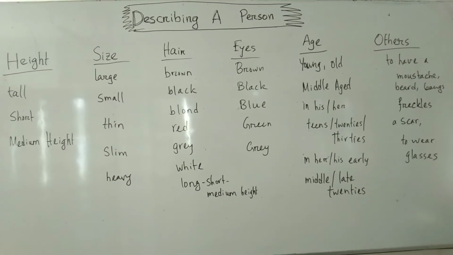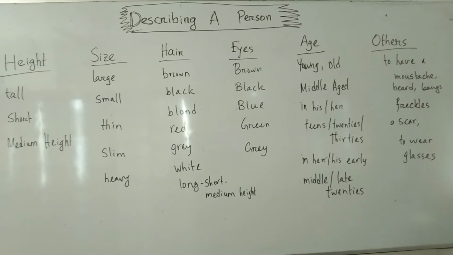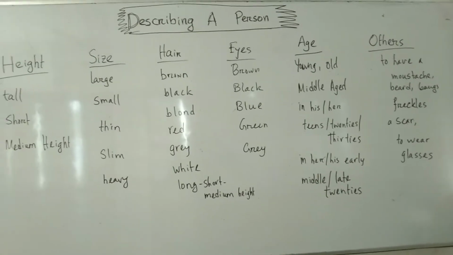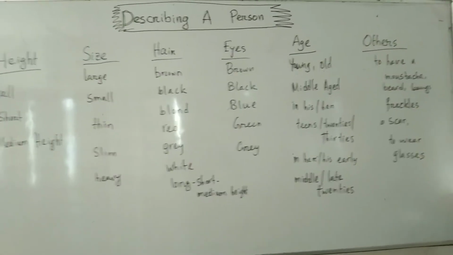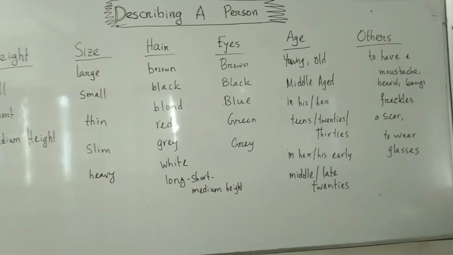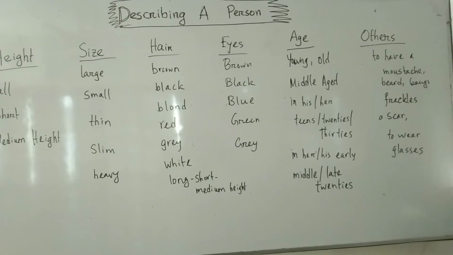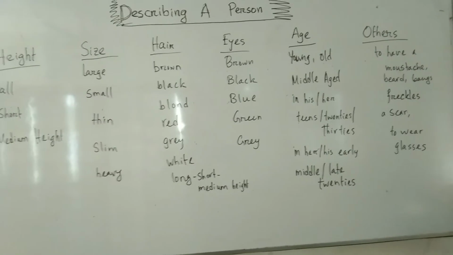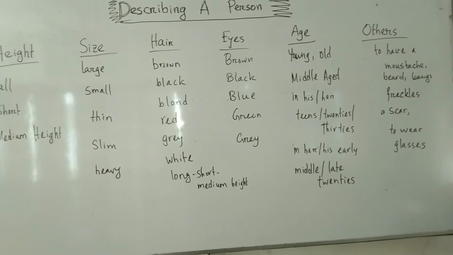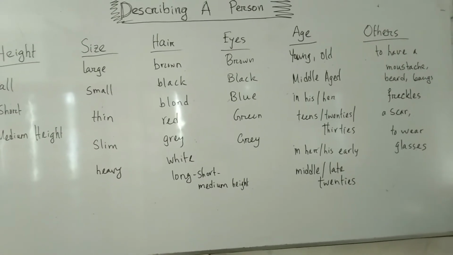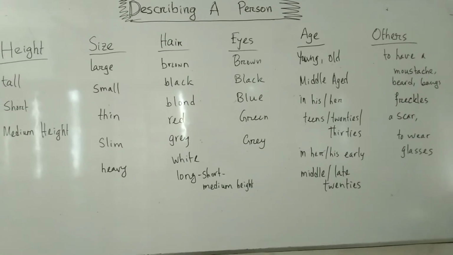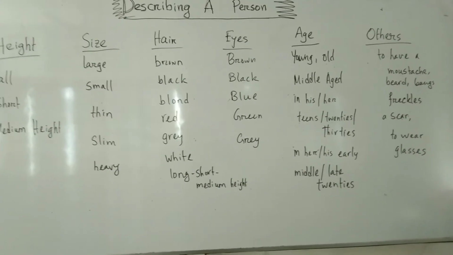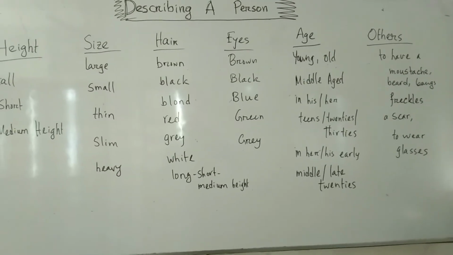And you could also say that he or she is in his or her teens, like before 19, 17, teenage years, or in his or her 20s, 30s, or early, middle, or late 20s, late 30s, late 40s, early 20s, something like that. And others, like having a mustache, beard, bangs.